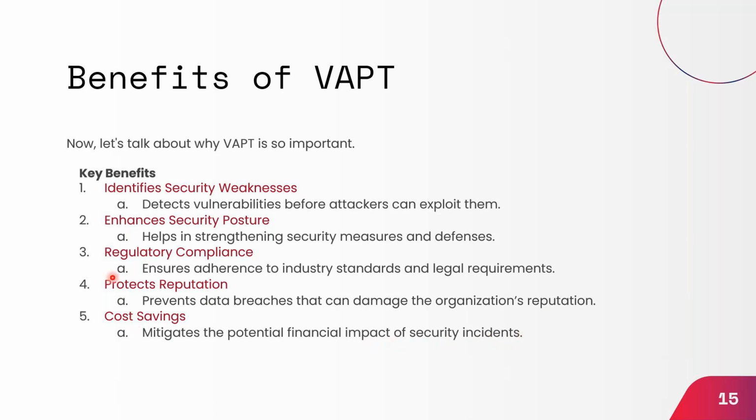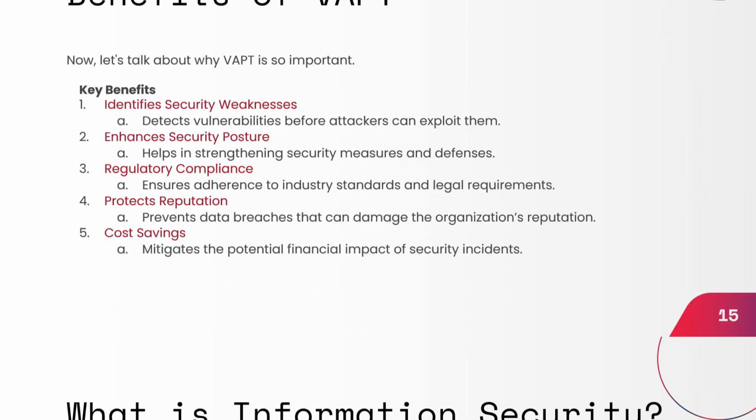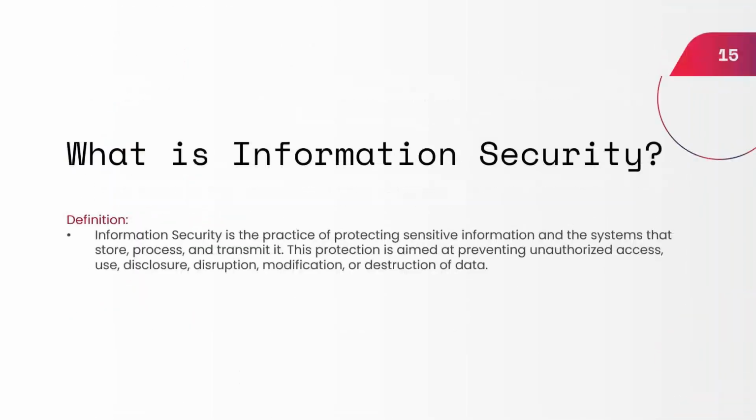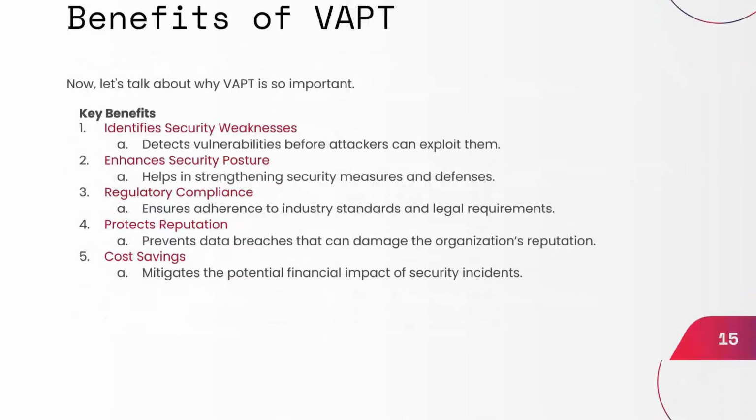If you follow this VAPT, identify the vulnerabilities and exploit them, and mitigate them before you make it live into production, it saves you a lot of cost, because you have already mitigated all the potential vulnerabilities which have more impact. Correct. So these are all the various benefits of having the VAPT, guys.